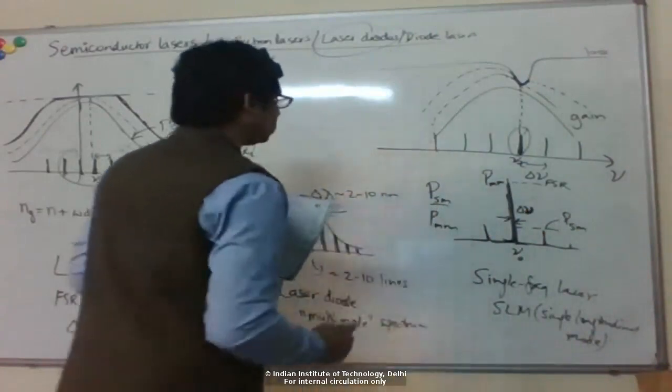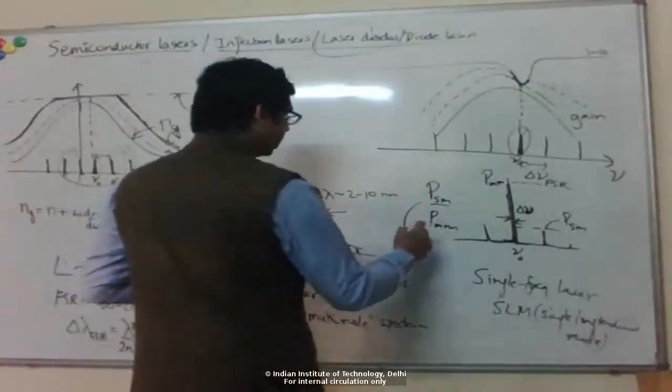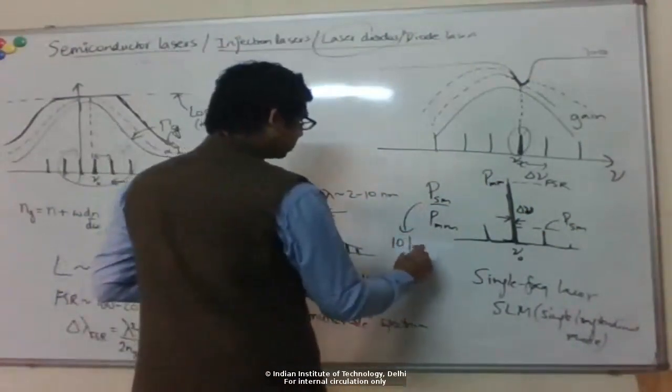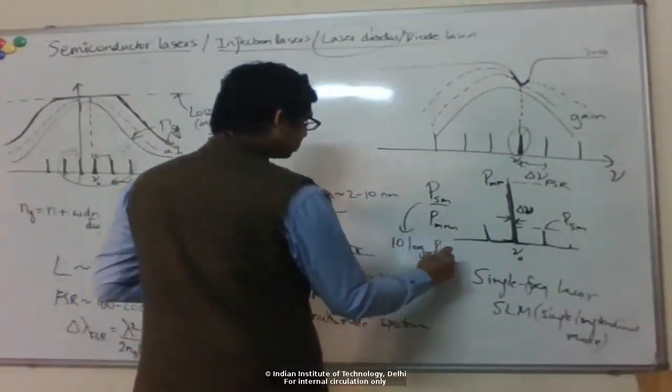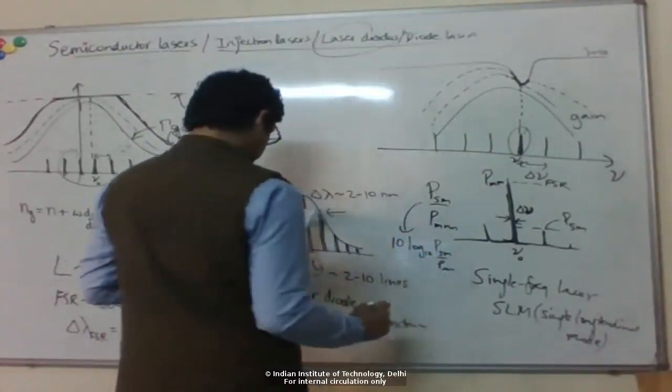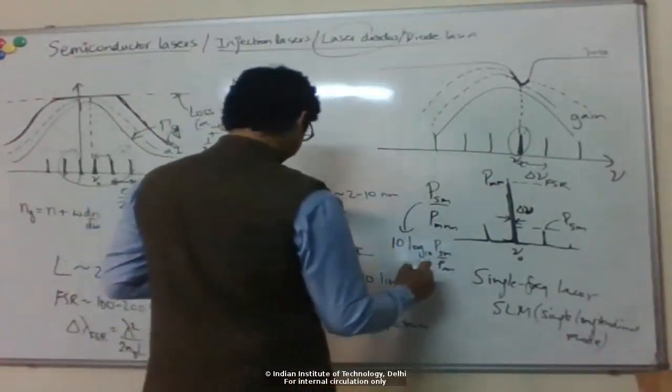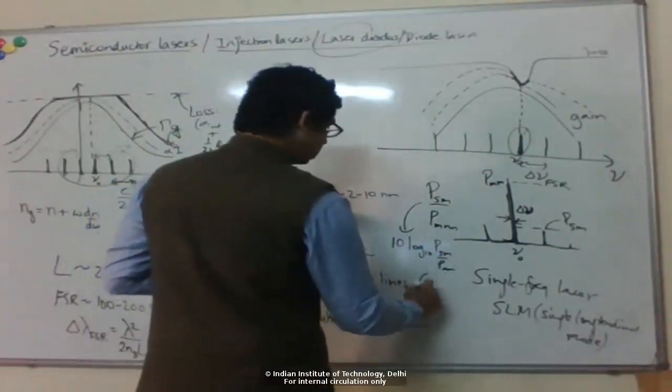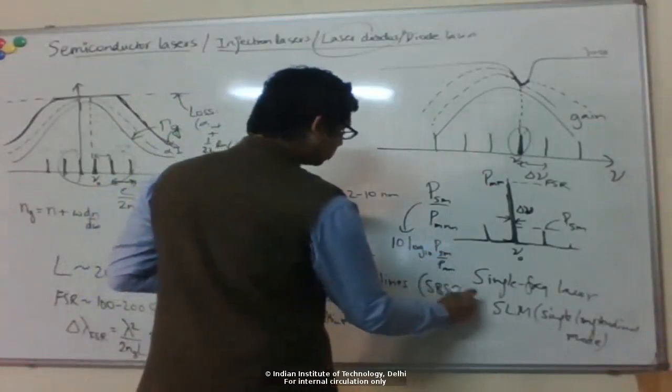Typically, you look at this in dB. This is known as the sideband suppression ratio.